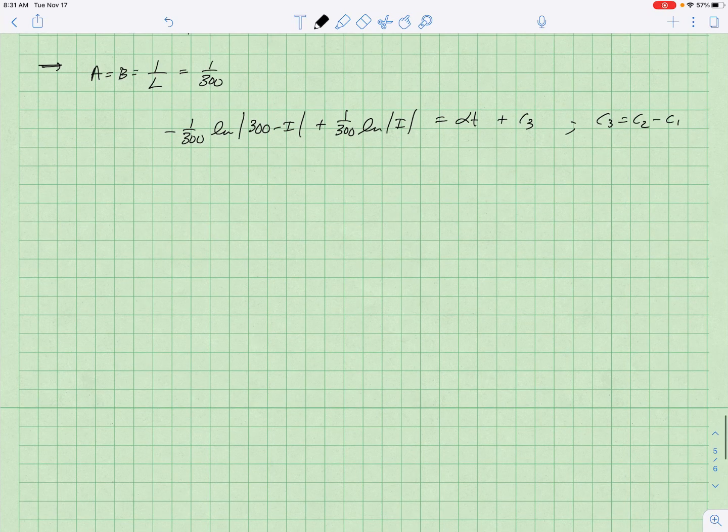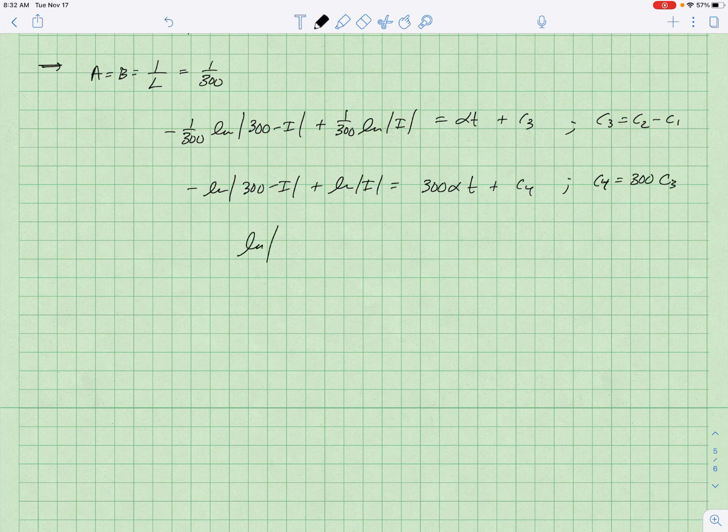And then I'll multiply both sides by 300, and I'll get negative natural log of the absolute value of 300 minus I plus the natural log of the absolute value of I is equal to 300 alpha t plus C4, where C4 is 300 C3. I'll now consolidate this into a single logarithm.